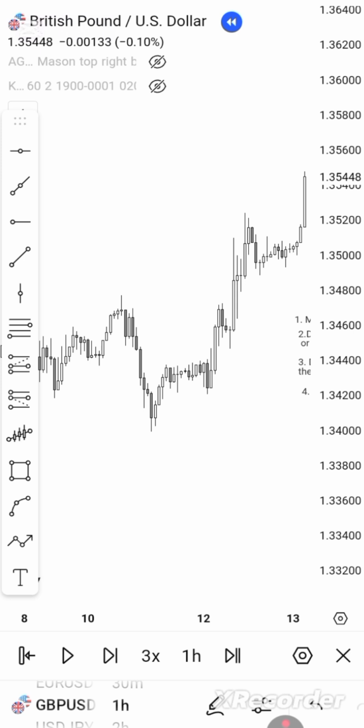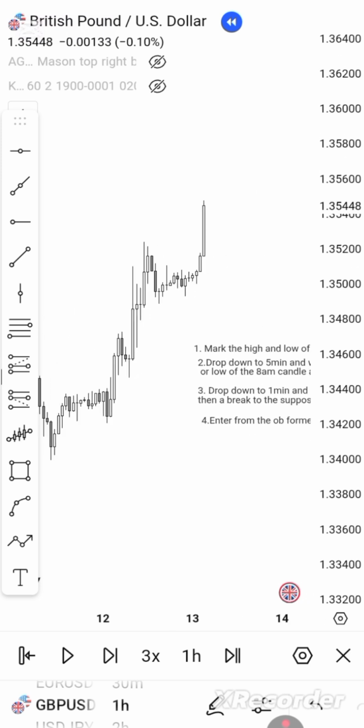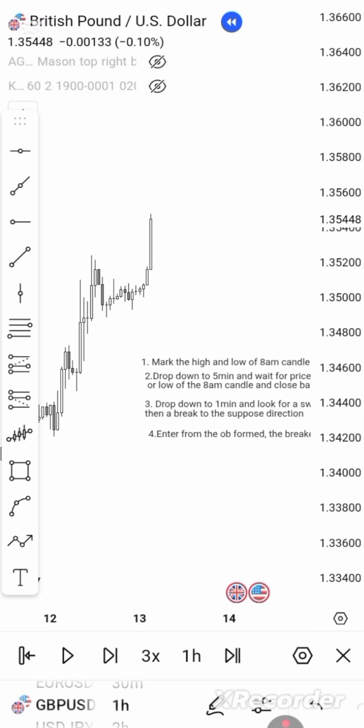Some people will use the fair value gap immediately if a fair value gap is created and it breaks. There are people that will wait for the 1 minute candle, 5 minute candle. So it all depends on how you understand it. So I'll just teach you the way I learned it and understood it. So just come with me as we journey together in this 9 a.m.